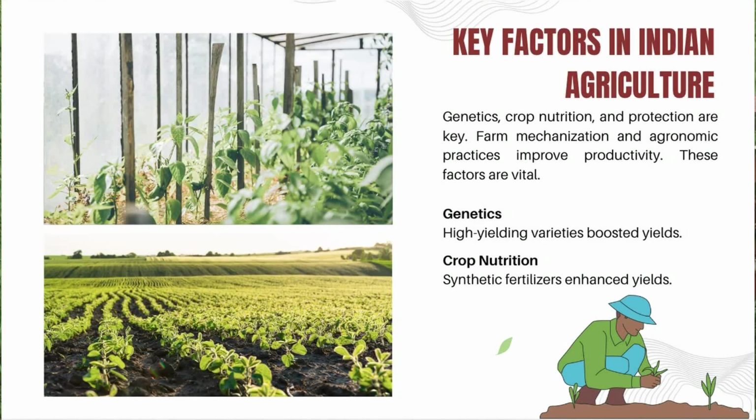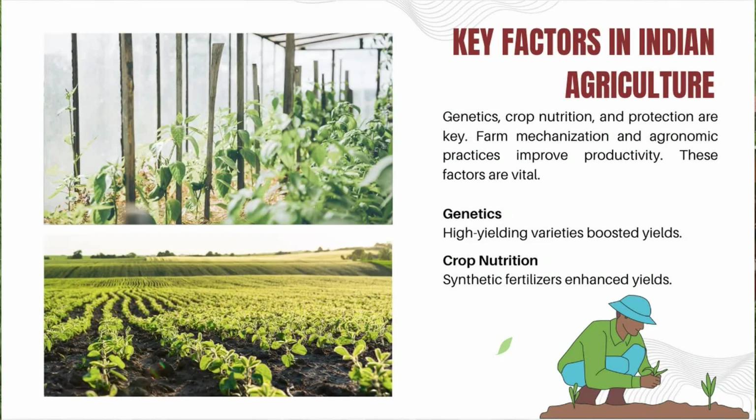Then the second is crop nutrition, that is inclusion of fertilizer with more NPK content. NPK means nitrogen, potash and phosphorus, which also increase the crop yields. Then the third is crop protection.